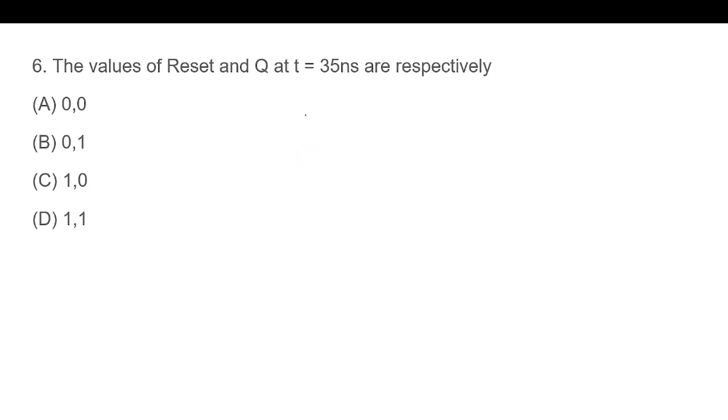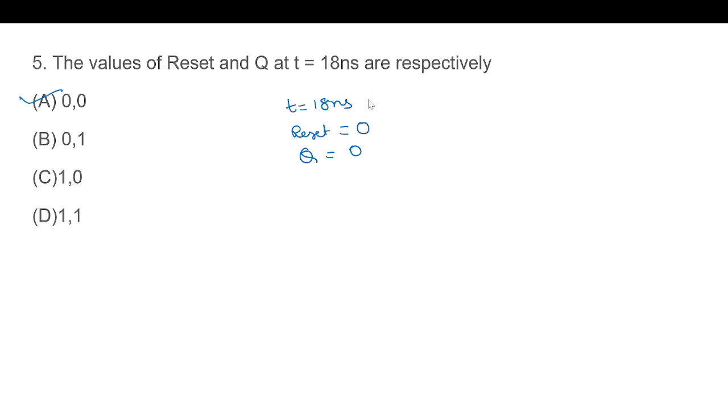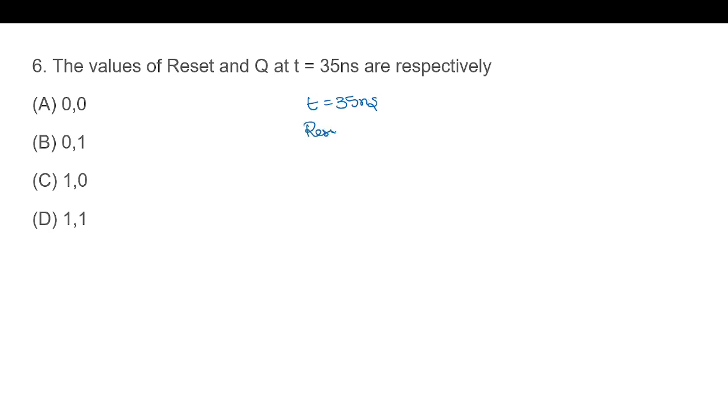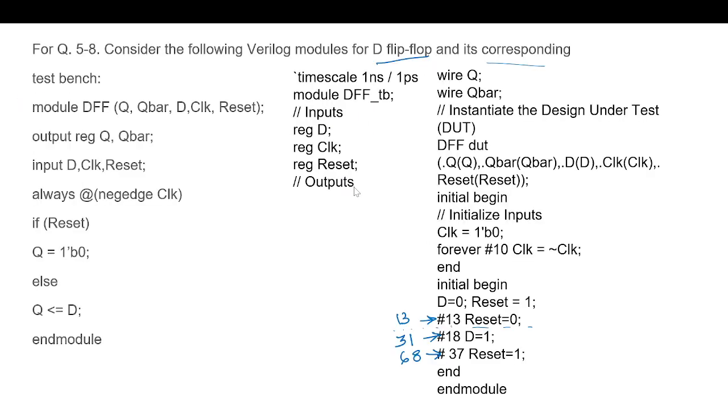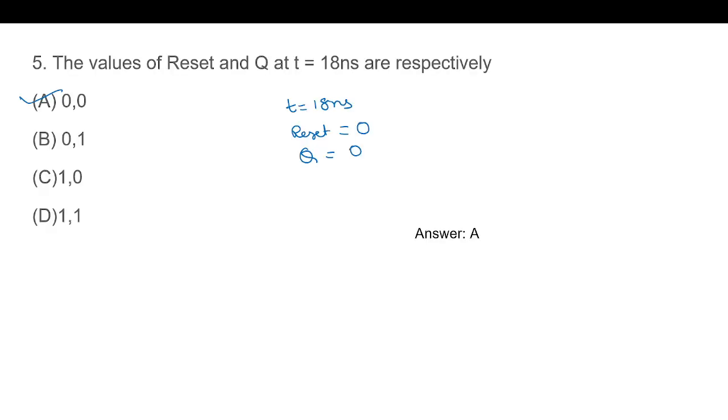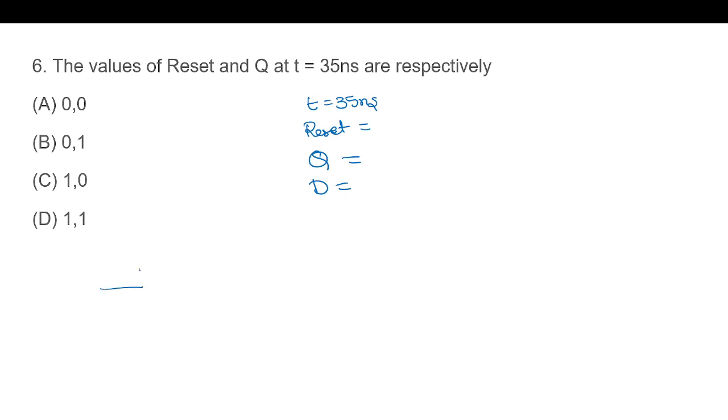The second question at T is equal to 35 nanoseconds. So now let's again see, we have to do this reset. What is Q? What is D? At the 35. 35 lies somewhere here. So D is 1. Reset is still 0. And clock is after every 10 nanosecond. So this is 10, 20, 30, 40.